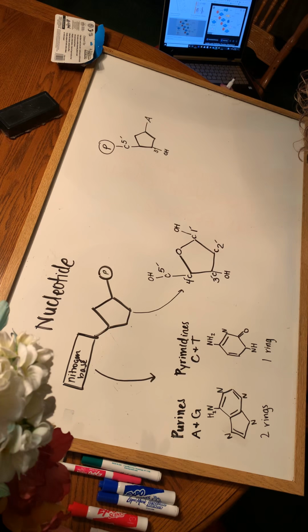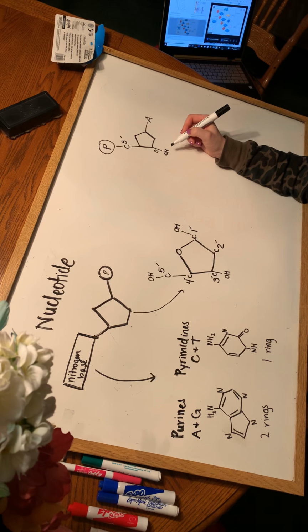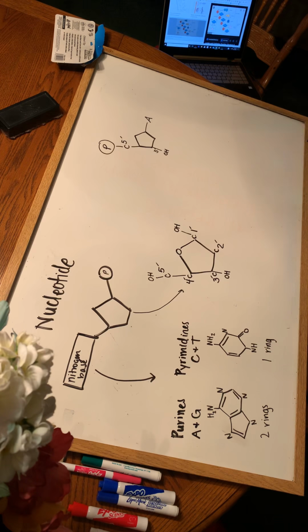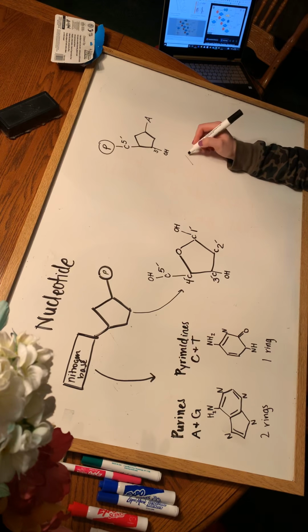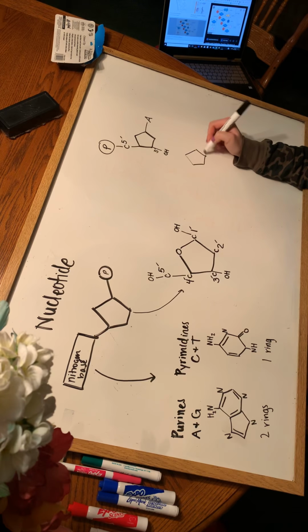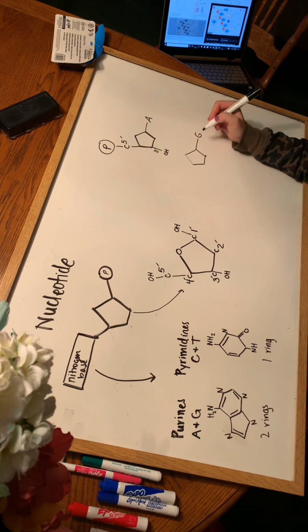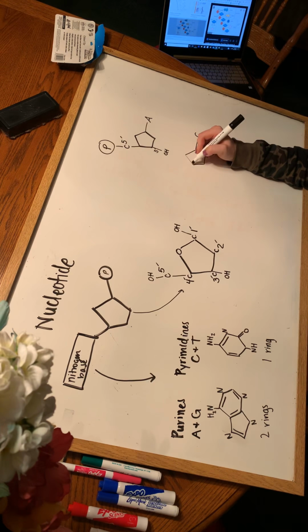Sorry. So what winds up happening is a dehydration synthesis reaction occurs between the 2 OH groups. So remember, let's say you have a new nucleotide coming in with the same setup.